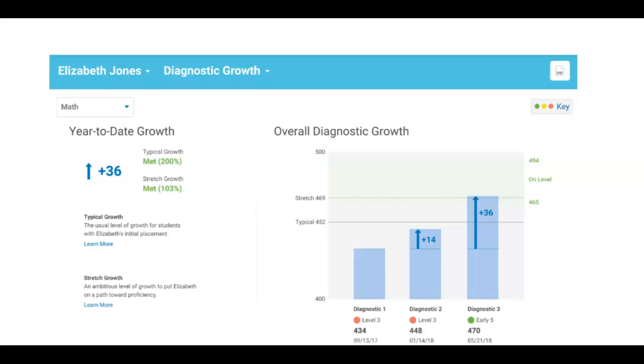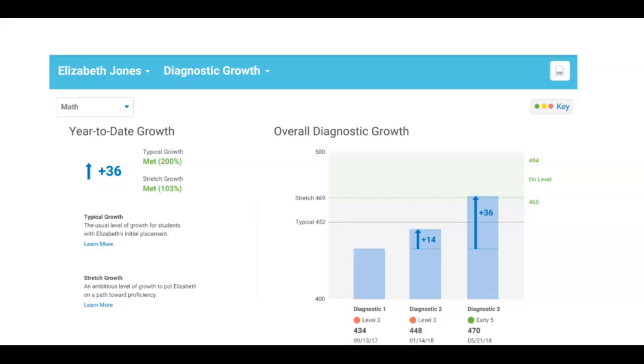They determine what an ambitious stretch growth goal would be for your child. This is a child-specific number, just like the typical growth is a child-specific number.